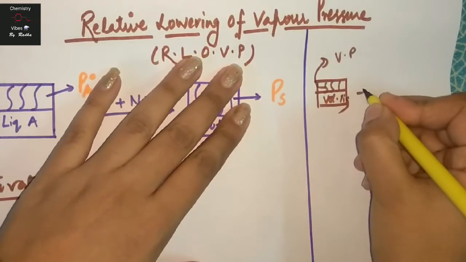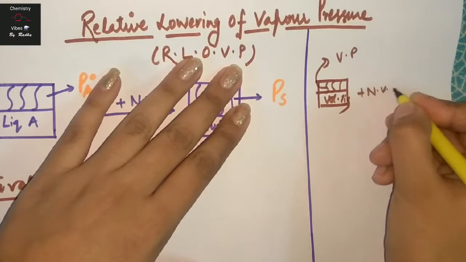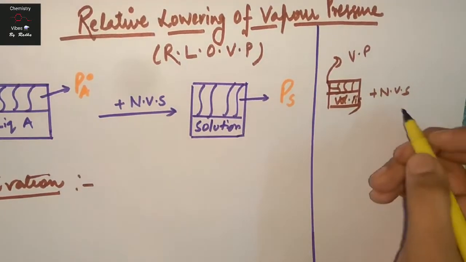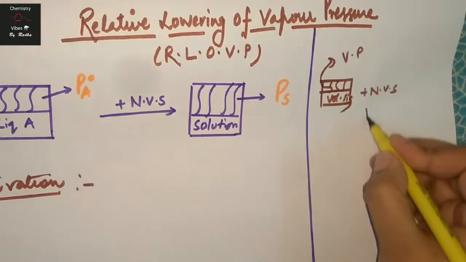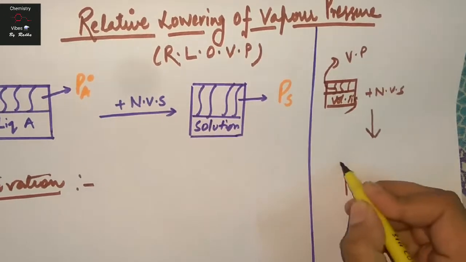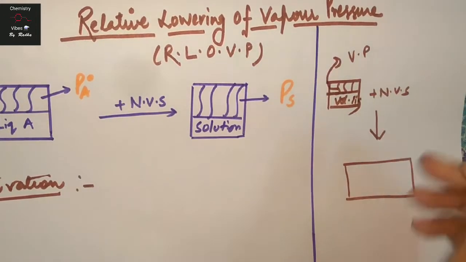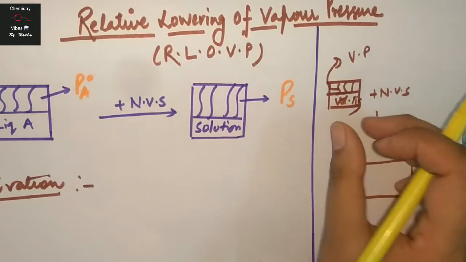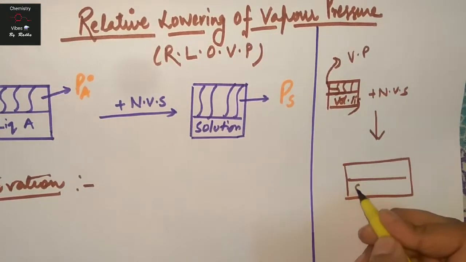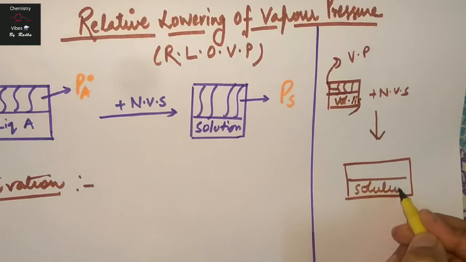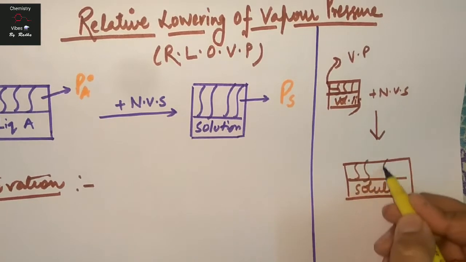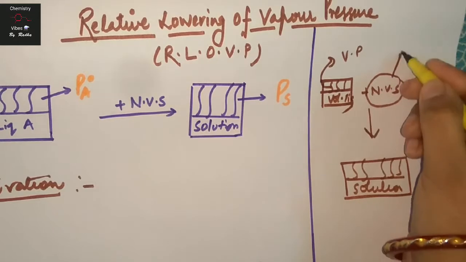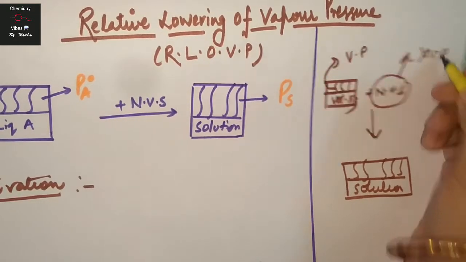Now what happens is you're adding NVS. I've just now told you what is NVS. This is non-volatile solute. When you're adding a non-volatile solute to a volatile liquid, now what happens over there? Please understand this thing. A liquid plus a solute, they'll give you a solution, right? This solution will also have a vapor pressure on its own, but a non-volatile solute does not have any vapor pressure on its own.